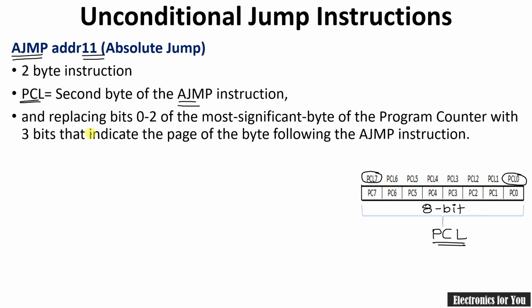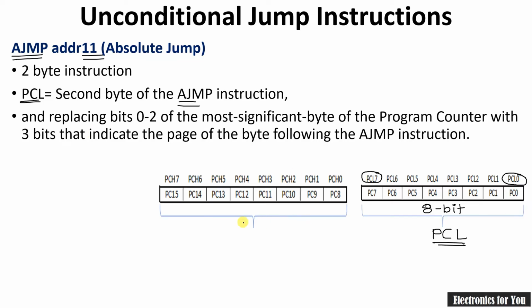And note here that in case of the higher byte of the program counter, that is the PCH register, only 3 bits will be used. So 8 from the lower byte and these 3 bits, PCH0, PCH1 and PCH2, are used from the PC higher byte.